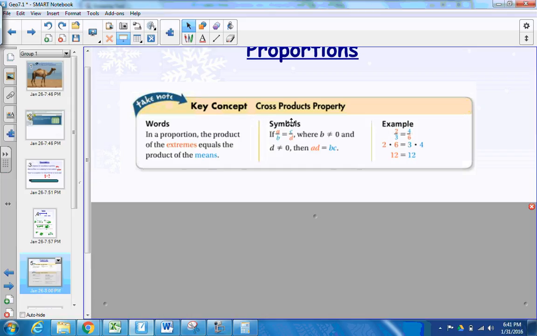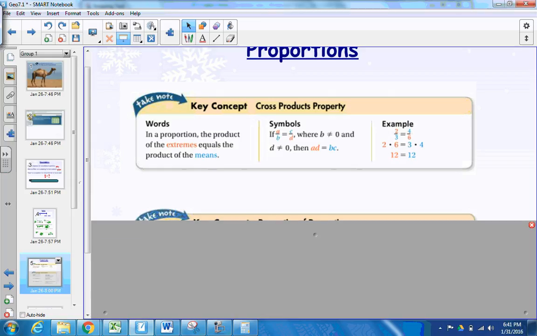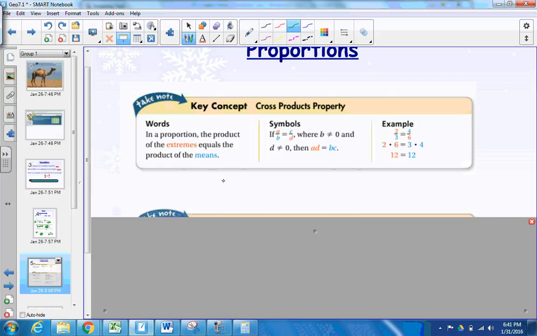So the product of those two would be set equal to each other, and that's the cross products property. You might remember it more as taking A over B equal to C over D, and you actually cross the products. All right, the A times D then is equal to the C times B or the B times C.